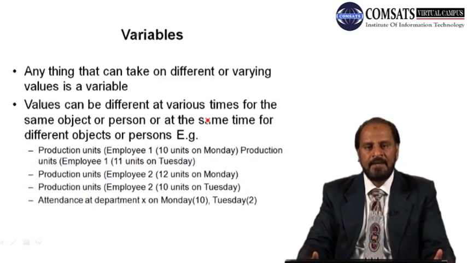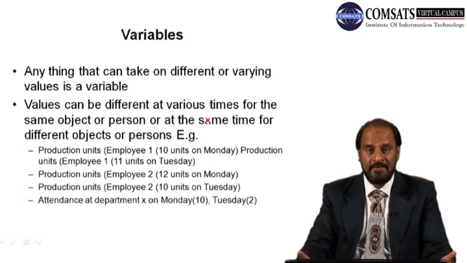We can say that attendance at the department on Monday was 10, and on Tuesday was 2. Again, the variable attendance is receiving two different values. So any object or person which can have different values is a variable.